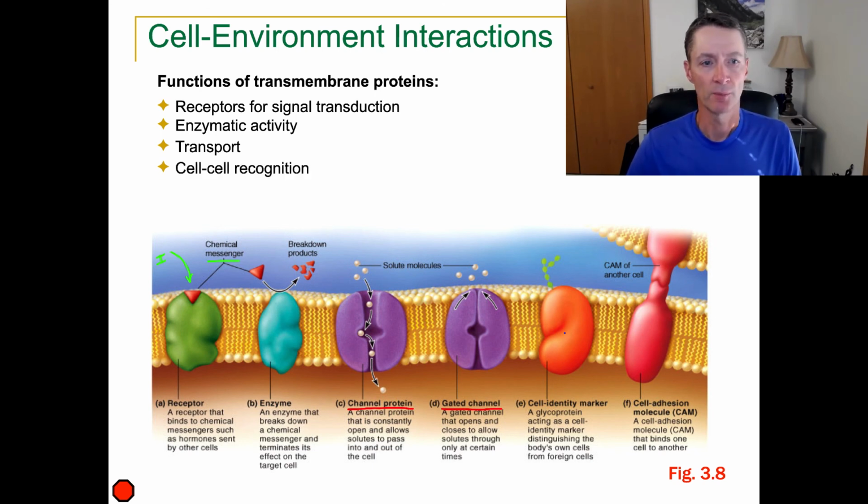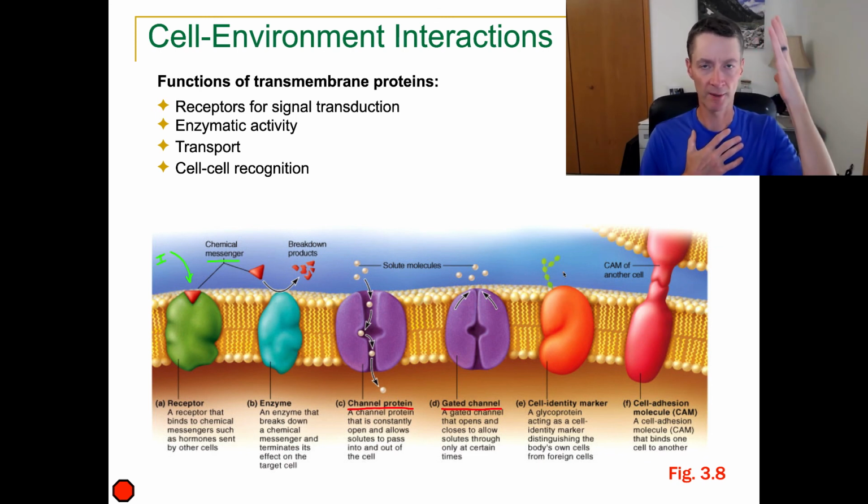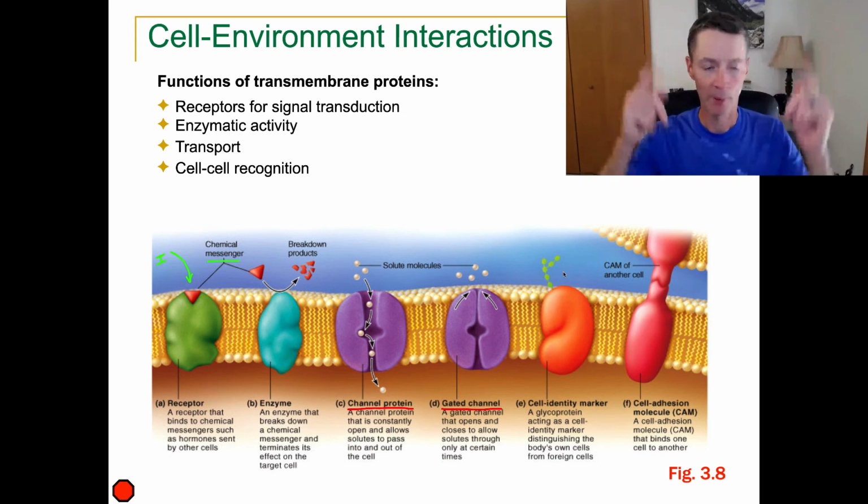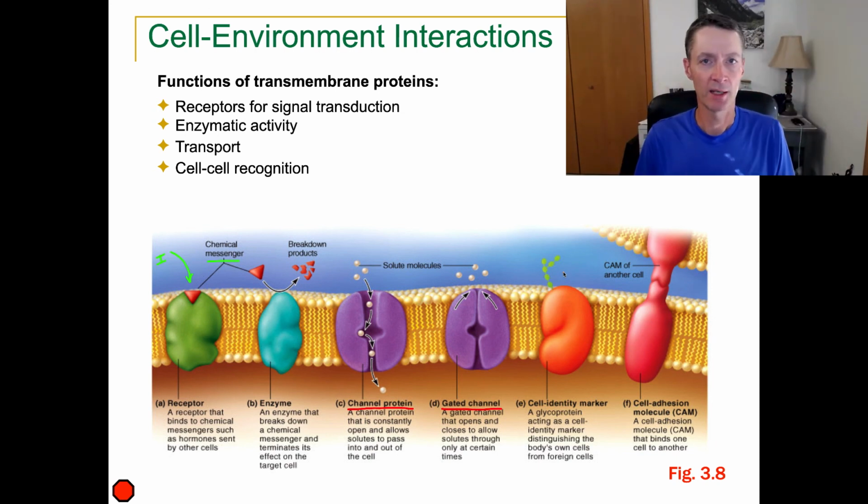Cell recognition. All right, so some of the proteins, like we see over here, like with this orange one over here, this one is a cell identity marker. So my identity, right? You know me from all my videos so far, got kind of dirty blonde hair, maybe it doesn't look that way, going gray, by the way, skinny guy, you know, whatever.